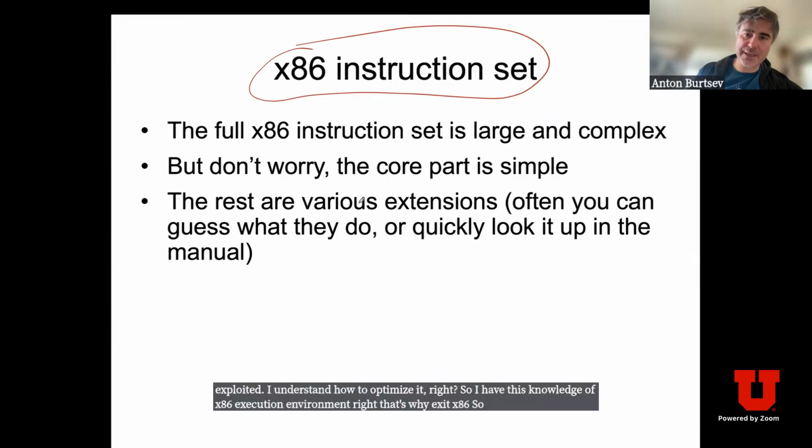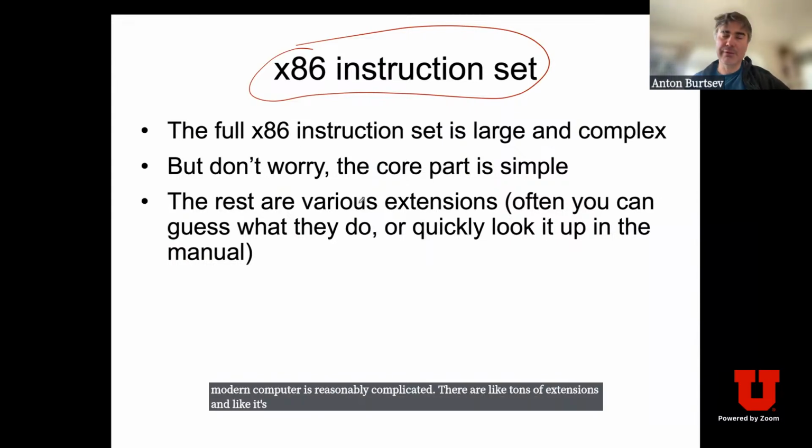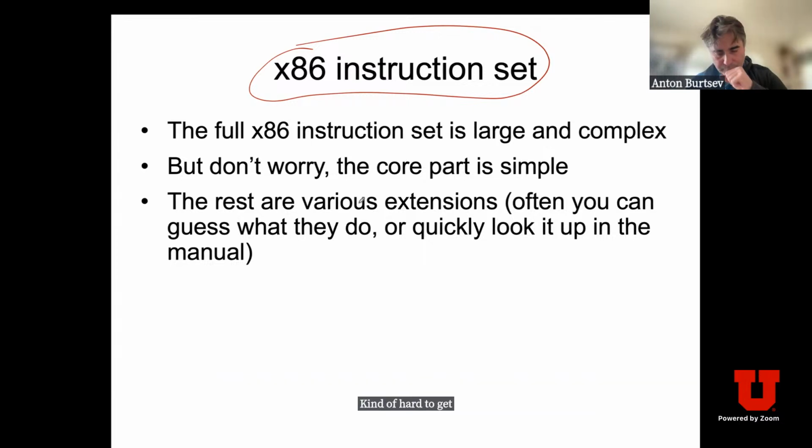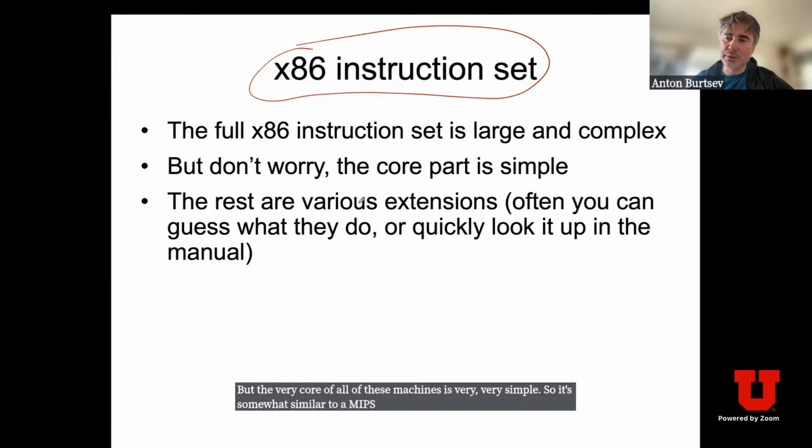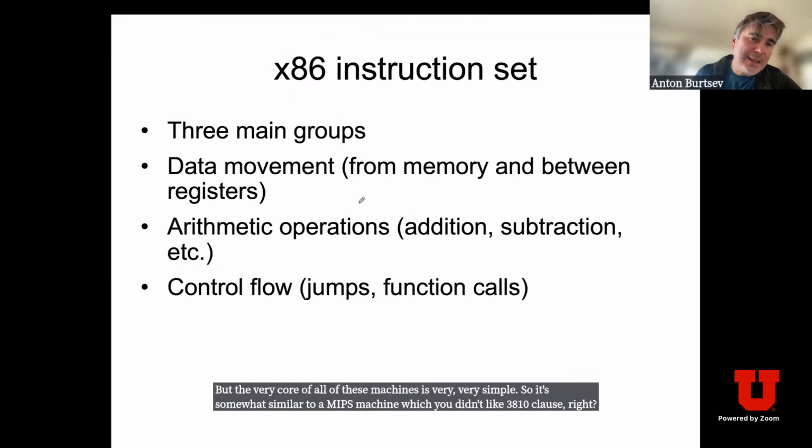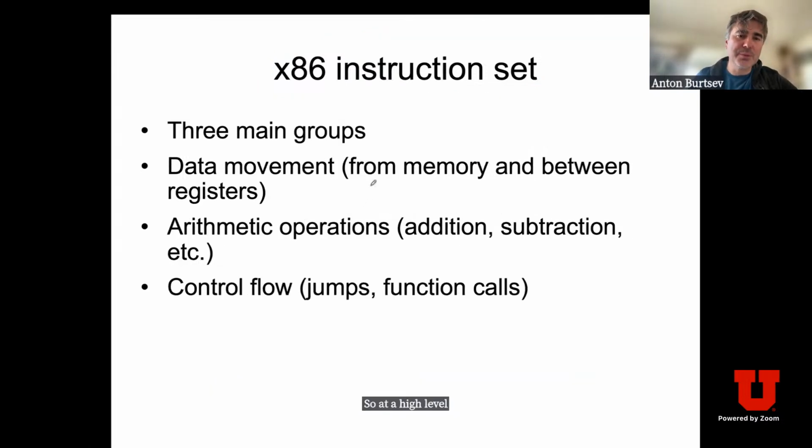Any instruction set of a modern computer is reasonably complicated. There are tons of extensions, and it's kind of hard to understand how it works. But the very core of all of these machines is very, very simple. It's somewhat similar to a MIPS machine, which you did in the 3810 class. At a high level, there are three main groups of instructions.